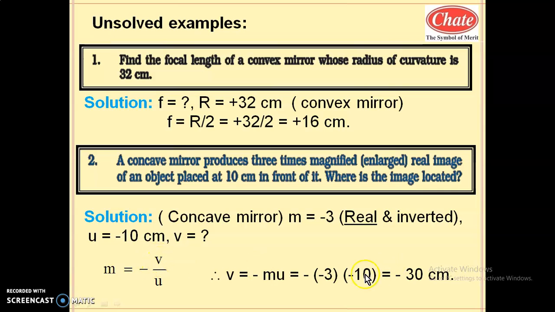Arranging for V, the M value is minus 3 and the U value is minus 10. Solving this, minus minus plus, plus minus minus, your answer will be minus 30 centimeter. This means the image will be located 30 centimeter in front of the mirror. So in front of the concave mirror, V will be 30 centimeter, and since it is in front of the mirror, it is minus.